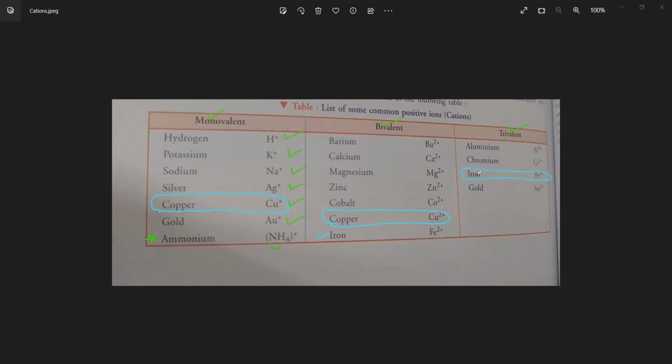So you need to be a little attentive when dealing with these cation and anion combinations. Write them down in your fair notebook, and remember these monovalent, bivalent, and trivalent cations with their respective charges. Then the exercise of forming formulas for compounds will become easy for you. Let me help you: how can we use these symbols and their respective charges to make formulas for chemical compounds?